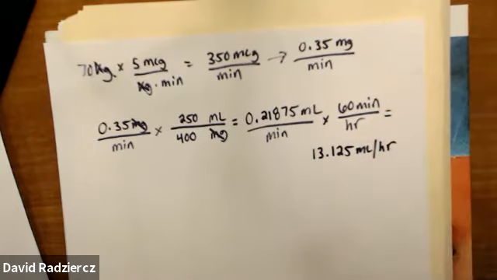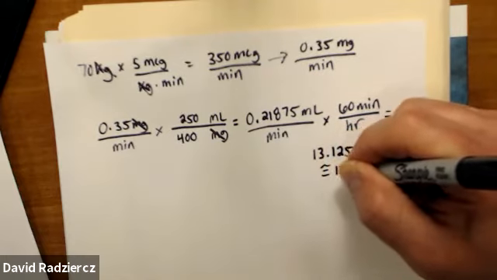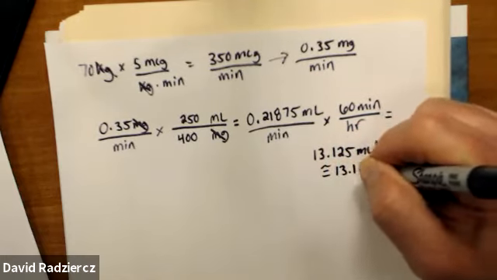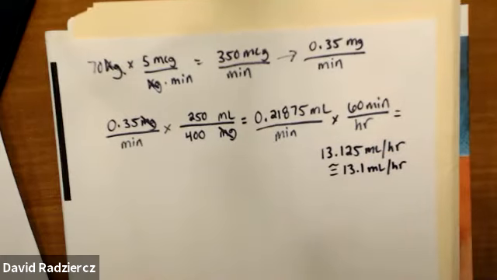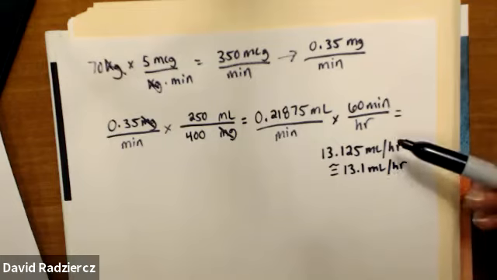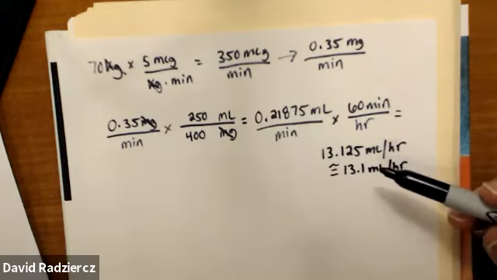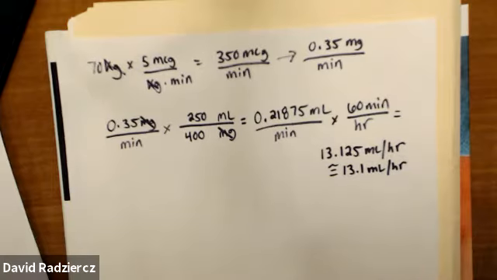And I believe that is what the key says, but you should be rounding to the nearest tenth. So I would say you should put 13.1 milliliters per hour as your final answer. I think if you write both, you can at least show and justify your answer. But like I said, I know that the key says 13.125, but you should be rounding to the nearest tenth.